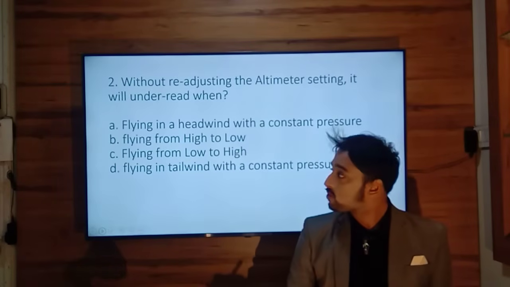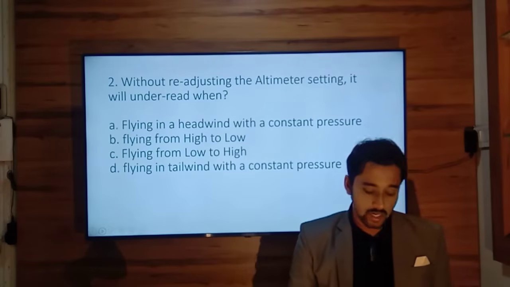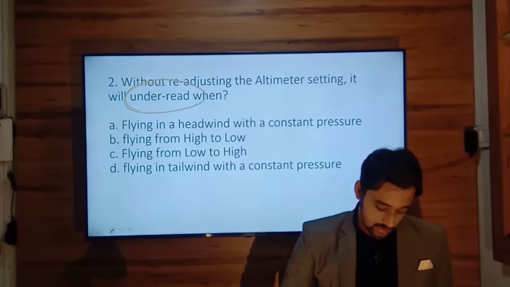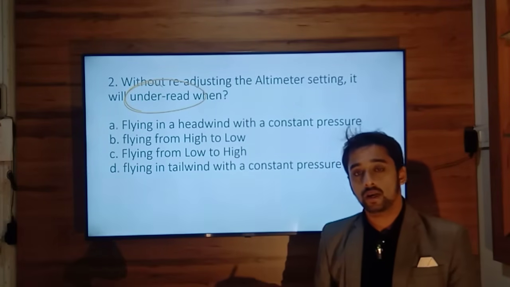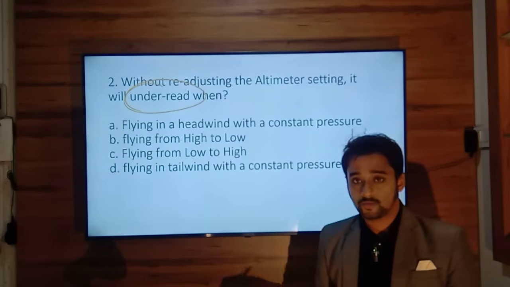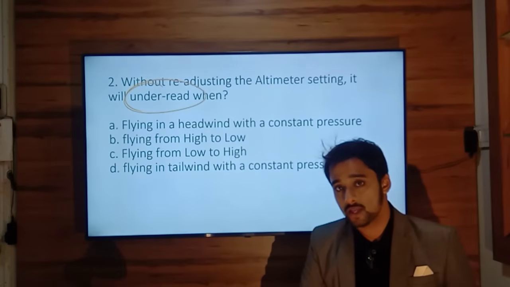Question number 2. Without readjusting the altimeter setting, it will underread under what circumstances? When will it underread? So we have done altimetry questions. If you have not watched those videos, do watch that playlist of solved questions, Oxford Altimetry. I have made a separate playlist for that.